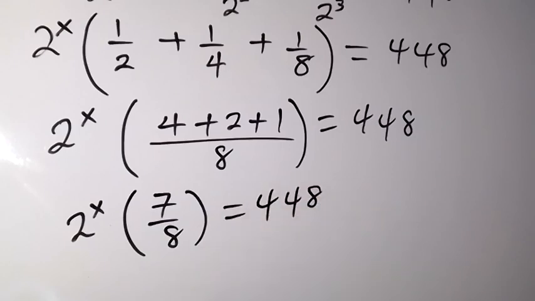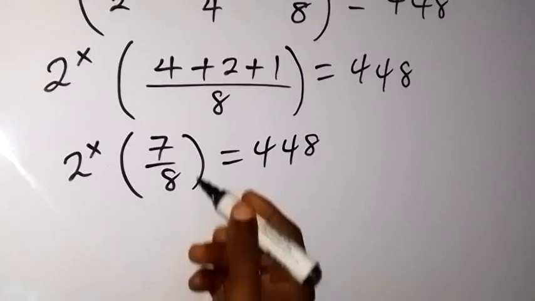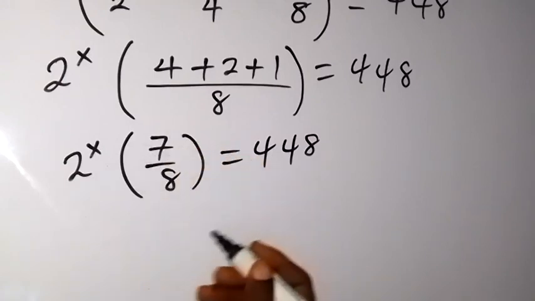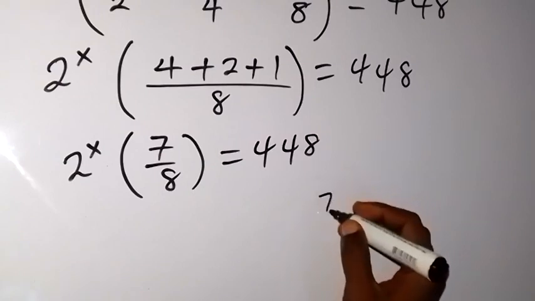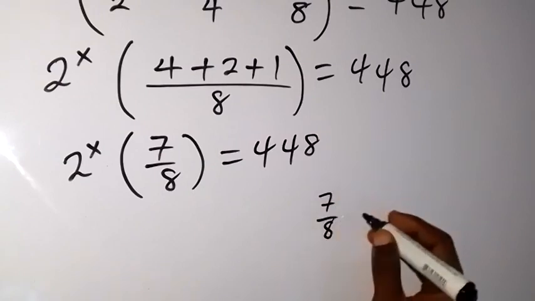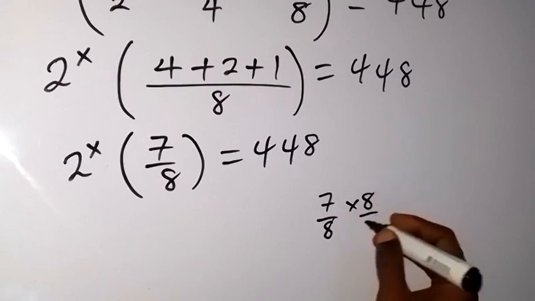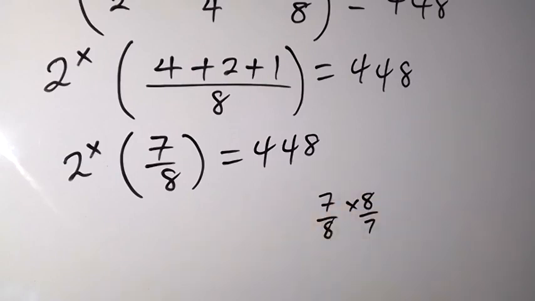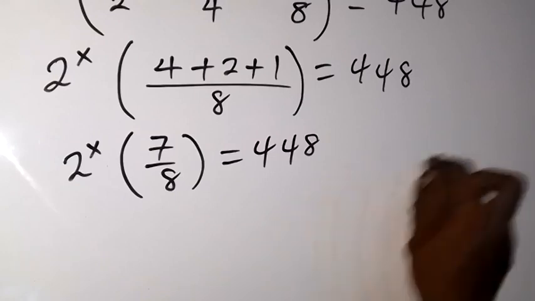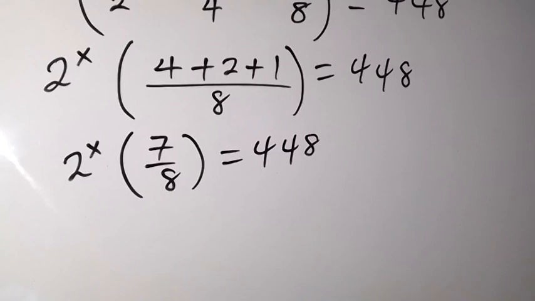And from here we can delete this 7 over 8 by multiplying with the reciprocal of 7 over 8. That is, when we have 7 over 8, to delete it, we multiply by 8 over 7, so that 8 will cancel 8, 7 will cancel 7. So therefore, what I do to one side, I do on the other side to balance it. So multiply both sides by 8 over 7 now.